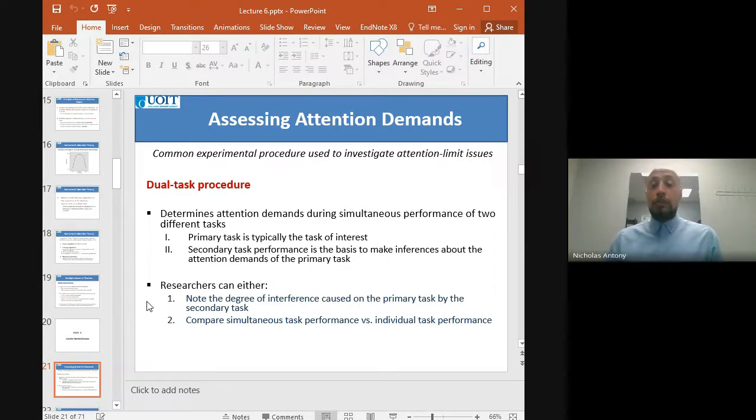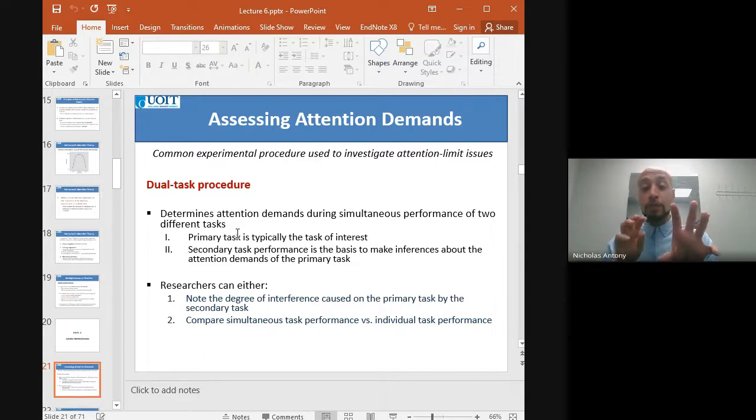So when we wanted to analyze multitasking and assess attention demands of different tasks in research, the typical procedure is called the dual task procedure, doing two tasks at once. You are studying the simultaneous performance of two tasks, and you're going to have a primary task completed and see how well you did.